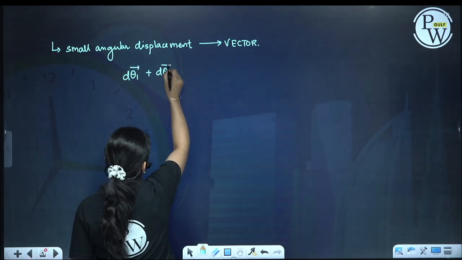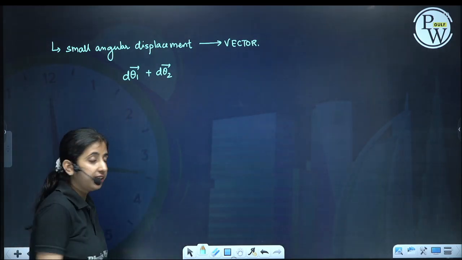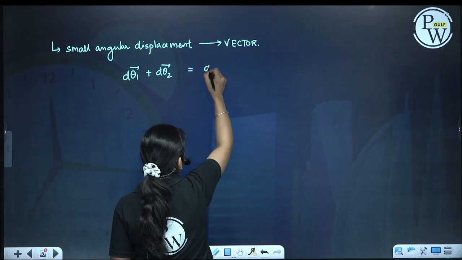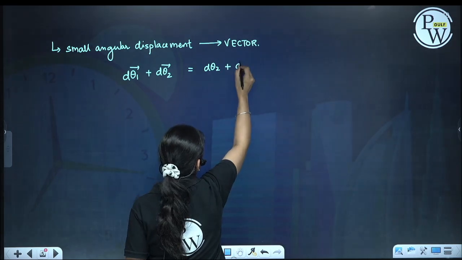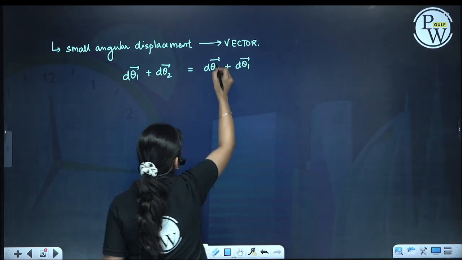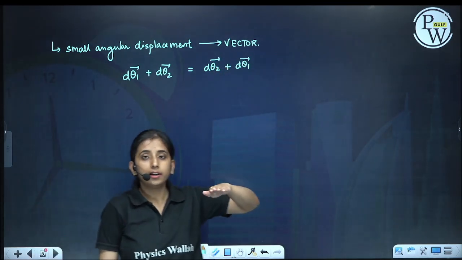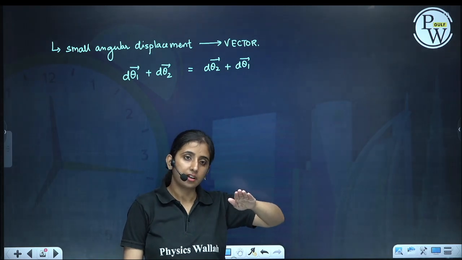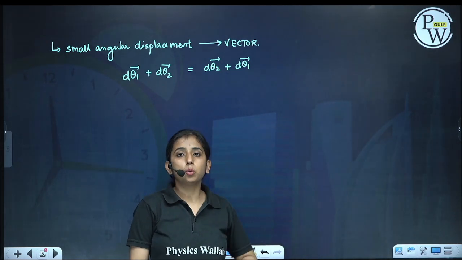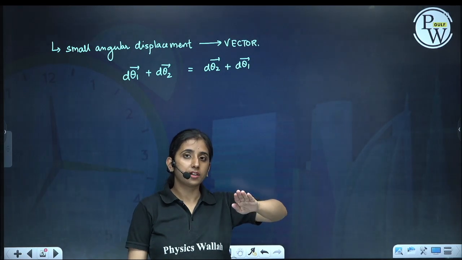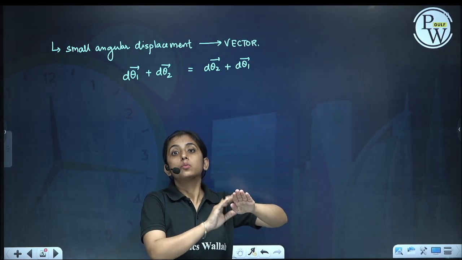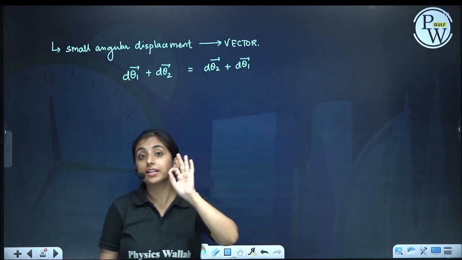Okay, if you do d theta 1 plus d theta 2, this will be equal to d theta 2 plus d theta 1. If you are doing small angular displacement like this first, then this, then do the opposite, do this first, then this, you will arrive at the same position.